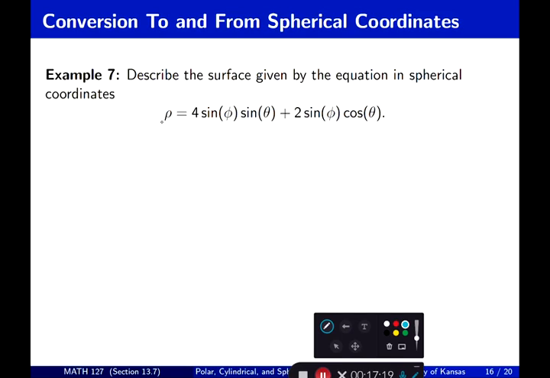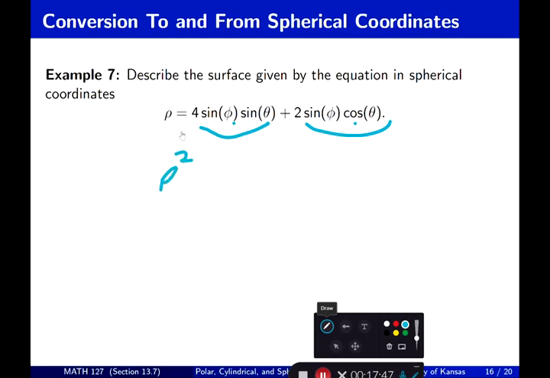It's going to be square root of x squared plus y squared plus z squared. Sine phi sine theta and sine phi cosine theta look familiar, but they are missing something. What are they missing? If I multiply that by a rho, then I get y for this one and x for that one. So what if I multiply everything by a rho?